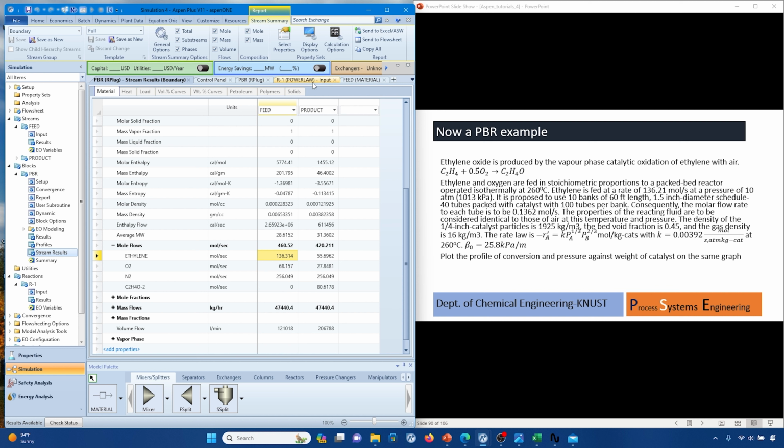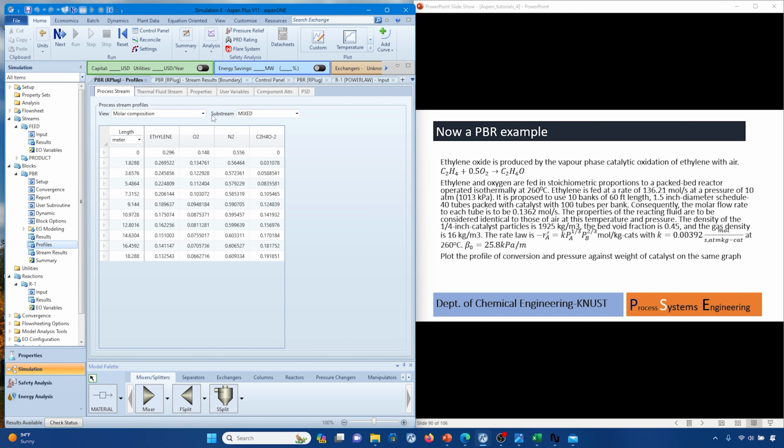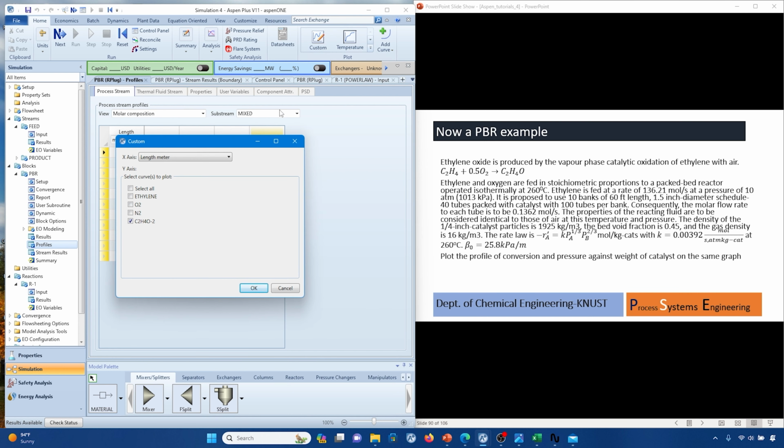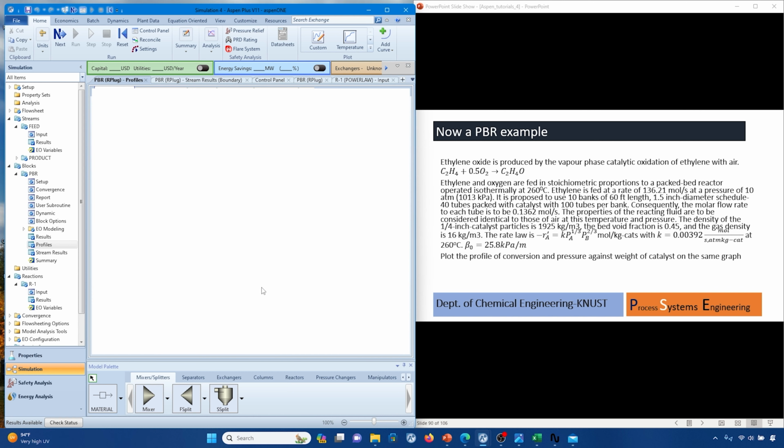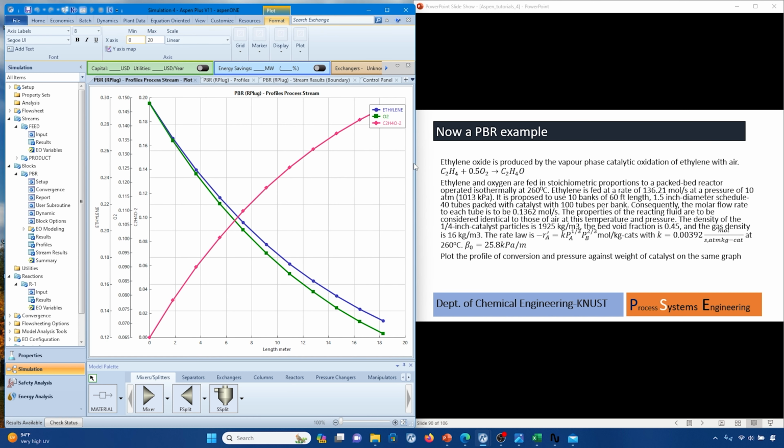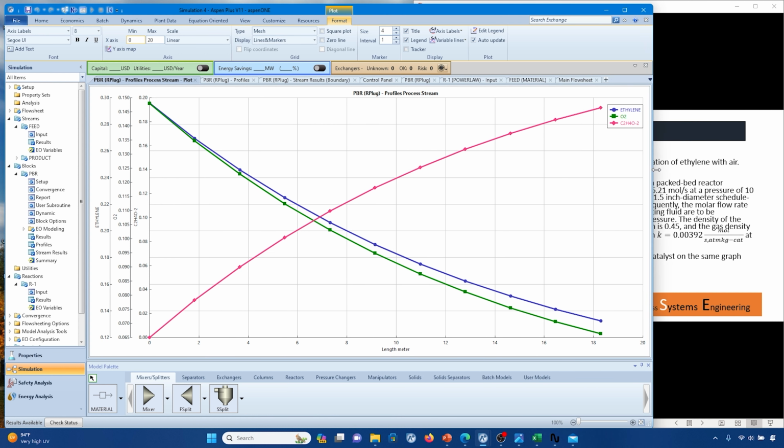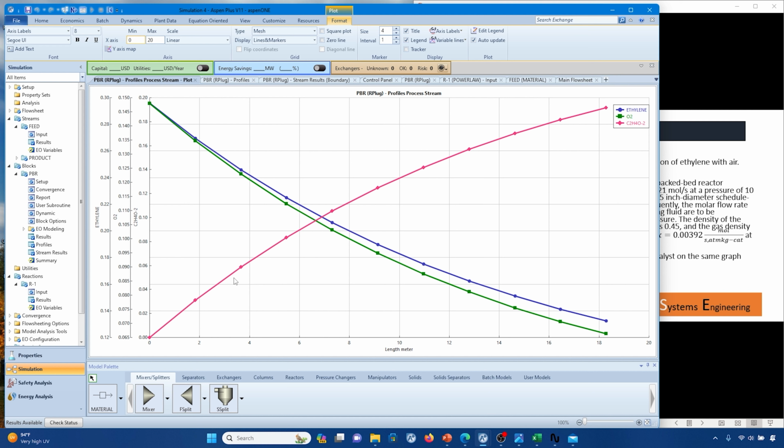We can also look at the profiles. You come to profiles here, molar composition. You can customize it and then check for the various components in there based on the length of the reactor. You can see how the concentration of the product rises whilst the reactants fall as expected.